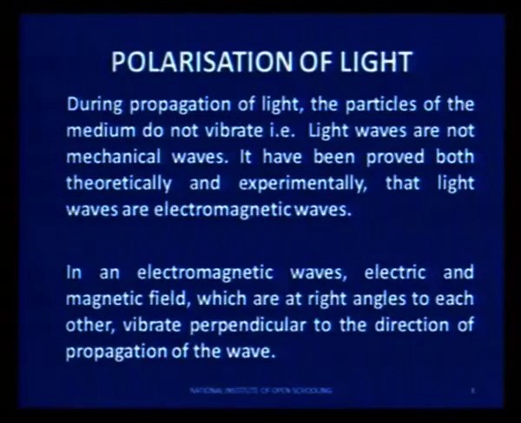During polarization of light, the particles of the medium do not vibrate. Light waves are not mechanical waves. It has been proved theoretically and experimentally that light is an electromagnetic wave. In an electromagnetic wave, the electric and magnetic fields, which are at right angles to each other, vibrate perpendicular to the direction of propagation of the light.